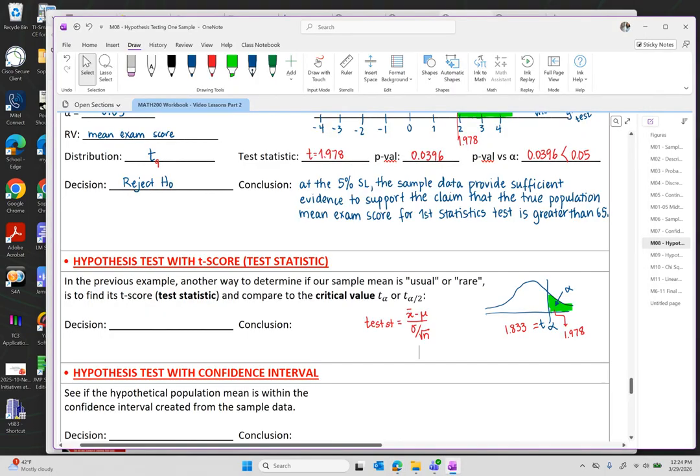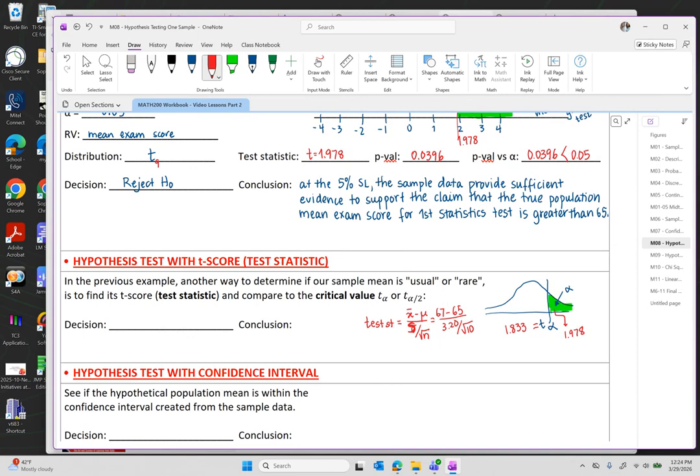So if I do the math in my calculator, I don't need to because Art of Stat did it for me, but this answer, 3.20, was the little s, I guess, since we are using the t-distribution because we don't know the population standard deviation, divided by the square root of 10. And this is how I found this 1.978, which Art of Stat found for me.